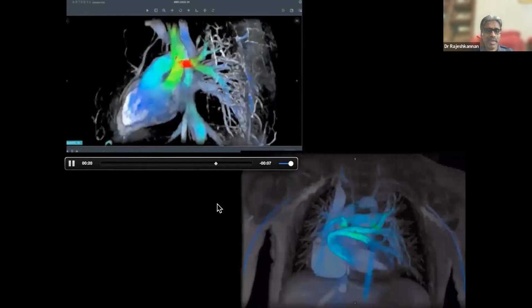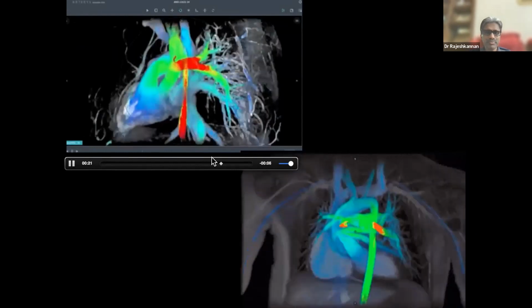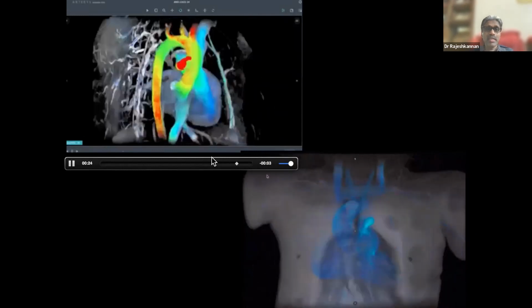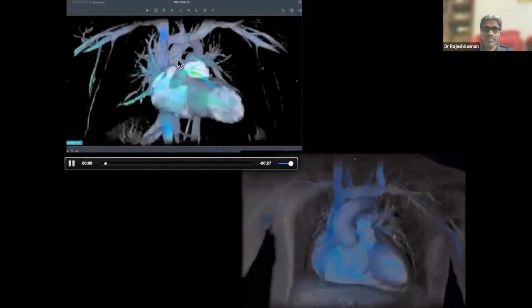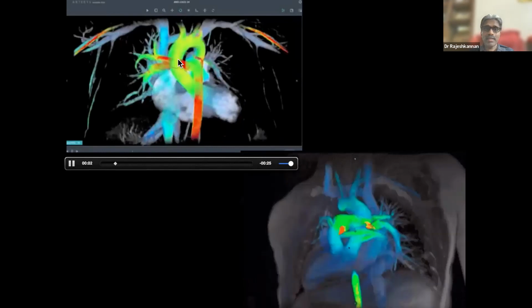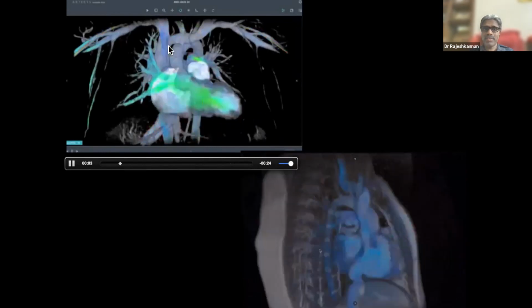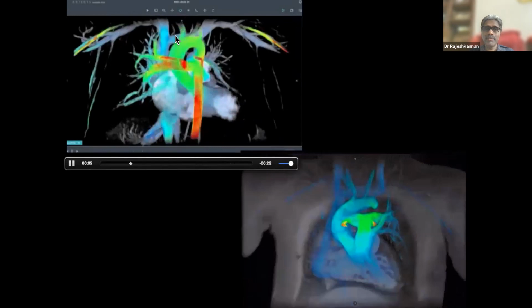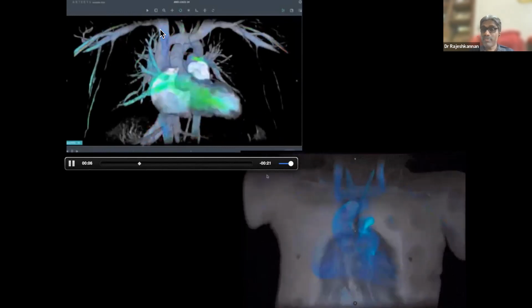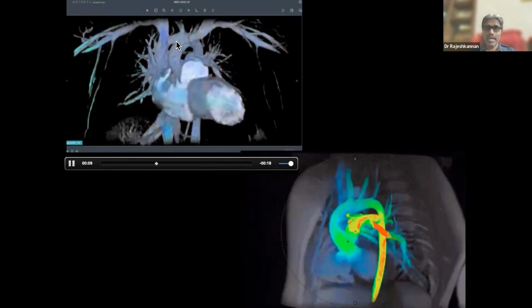Another advantage is, even if you have forgotten to take a PC at any particular vessel, say for example, suddenly you want to look at the right and left brachiocephalic veins for some reason, even those things are possible.